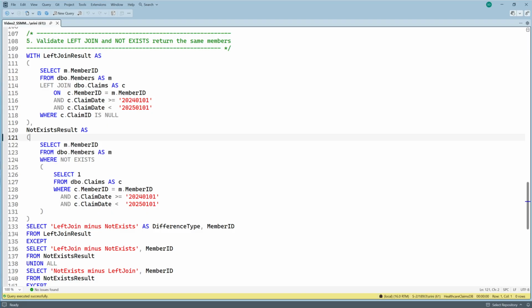Fourth, placing the right side filter in WHERE can destroy the preservation behavior of a left join. And fifth, NOT IN can fail when null enters the subquery result. Now let us return to the slides and turn these examples into a simple decision rule you can use in interviews and real projects.